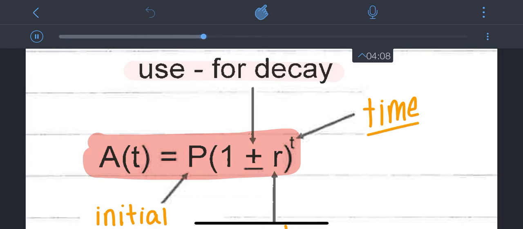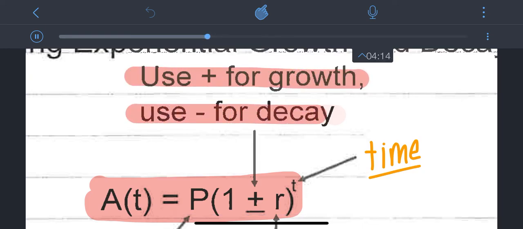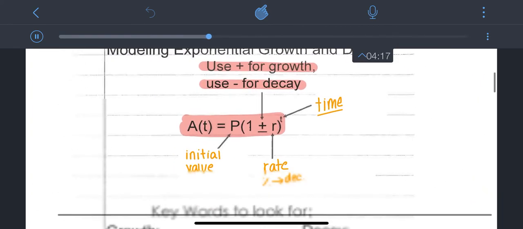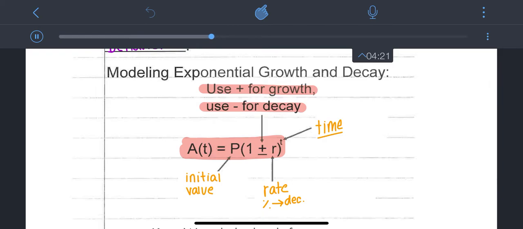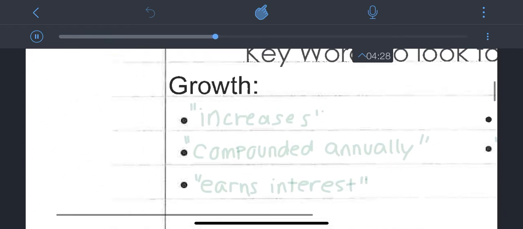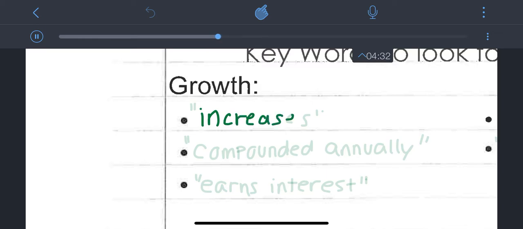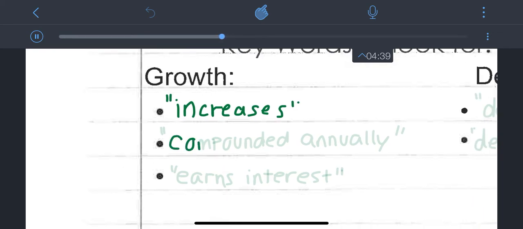And keep in mind that you will use the plus sign if you're talking about growth, and you will use the minus sign if we're talking about decay. Now, what would you be looking for in a word problem that will tell you it's about growth? Well, you will see words such as increases. You might see compounded annually.